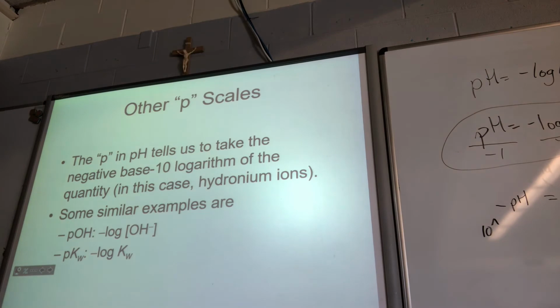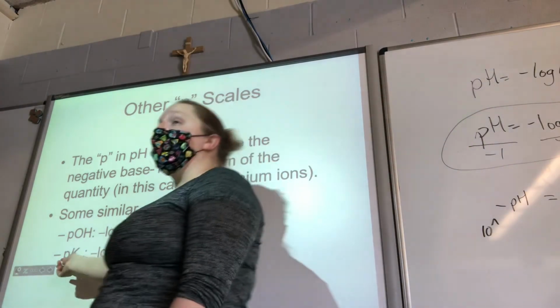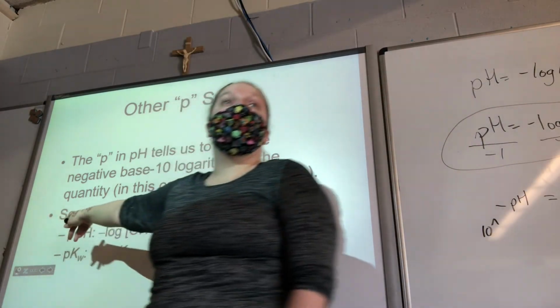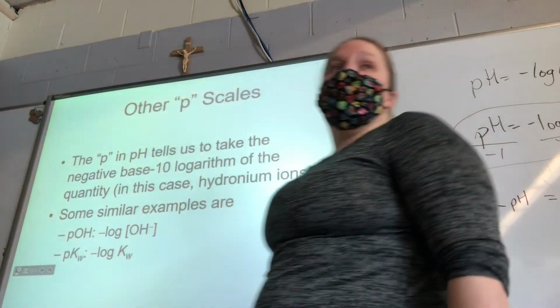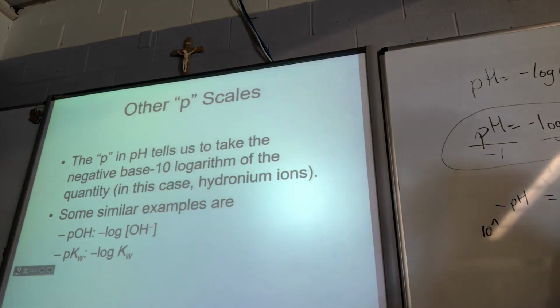All right, the pH scale is not exclusive to hydrogen ion concentrations. We can apply the P idea, so P of something equals negative log of something, to a lot of different things. We can apply it to equilibrium constants, to hydroxide ion concentrations, and to acid dissociation constants and base dissociation constants.